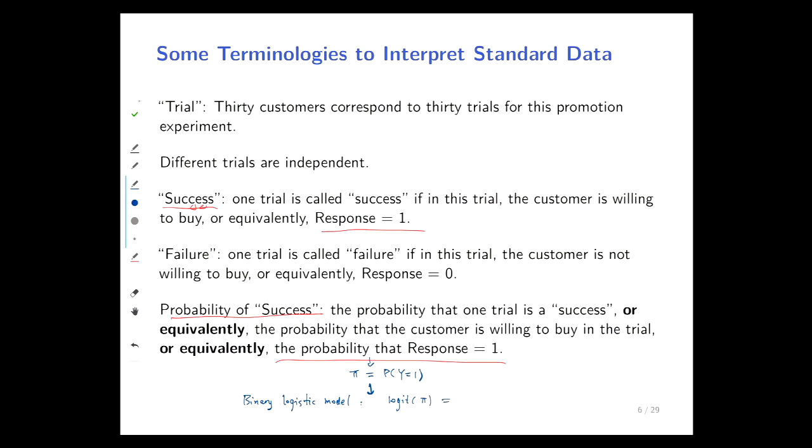Logit is our link function, equal to a linear combination of the explanatory variables. The logit function is the link function, and logit of u equals the logarithm of u divided by 1 minus u. So that's the binary logistic regression model. And also in assignment 2, you're going to use this model to generate the binary response.